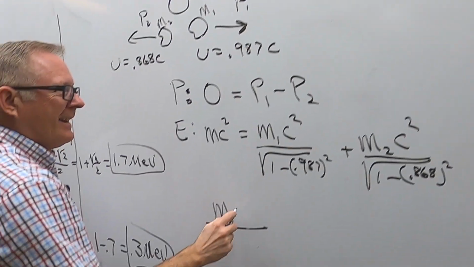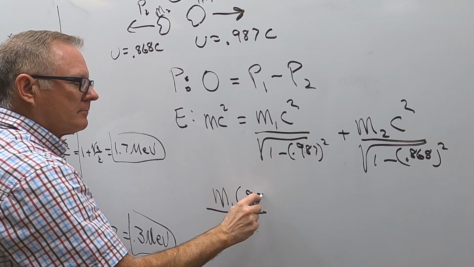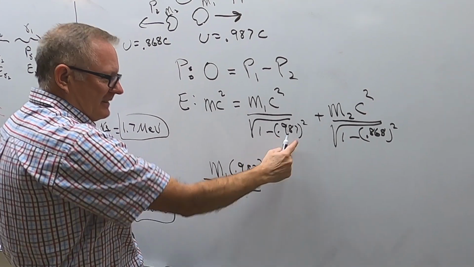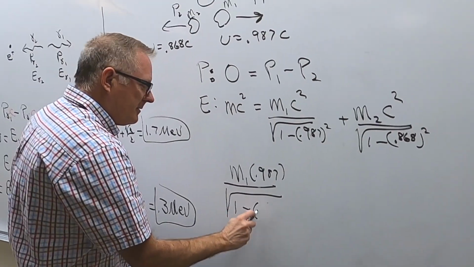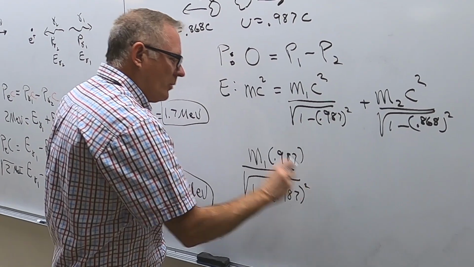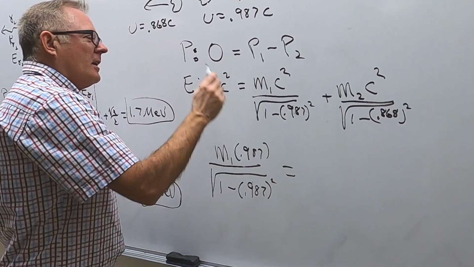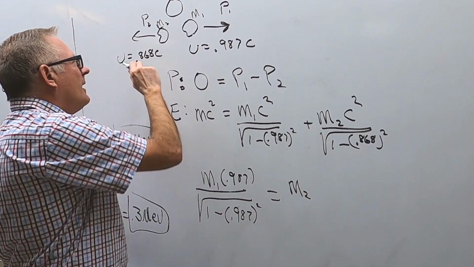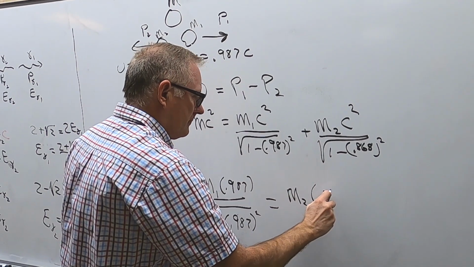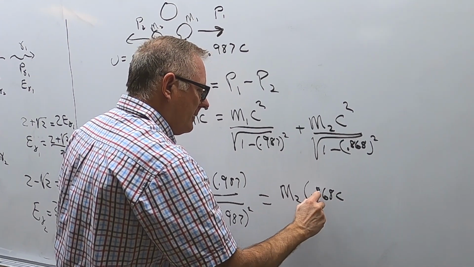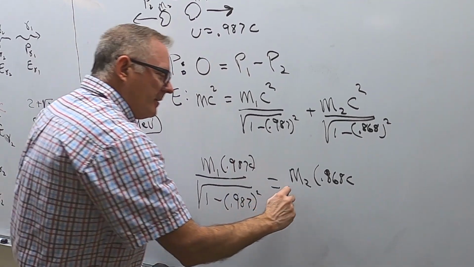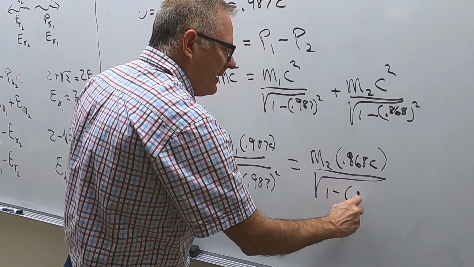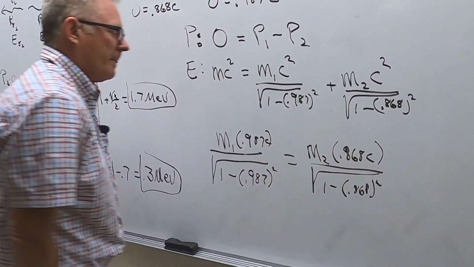M1u, which is 0.987c, all over the square root of 1 minus this squared, which looks exactly like that. 1 minus 0.987 squared. And that equals the momentum of 2, which is M2 times 0.868c, divided by the square root of 1 minus 0.868 squared.